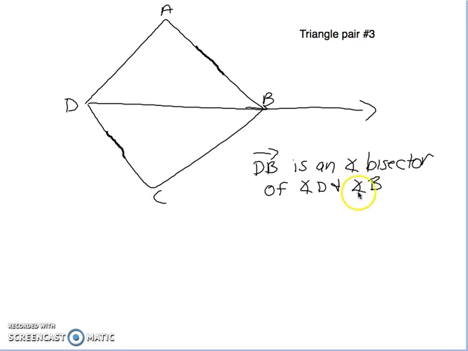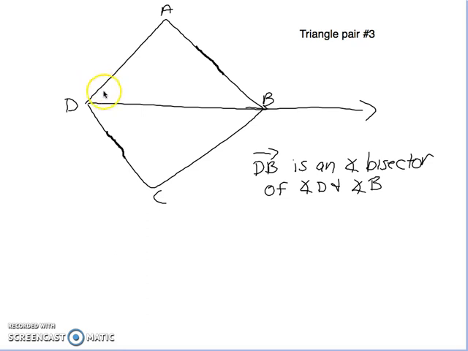So it says ray DB is an angle bisector of angle D and angle B. So here's D, here's angle D, and here's angle B. If you remember, an angle bisector cuts the angles in half. So that means this one is congruent to this one. Okay, so this triangle and this triangle.